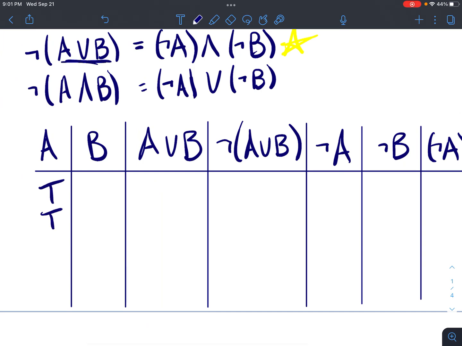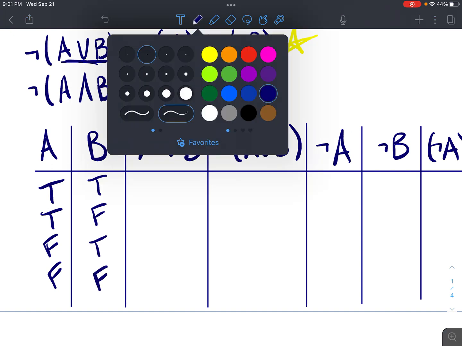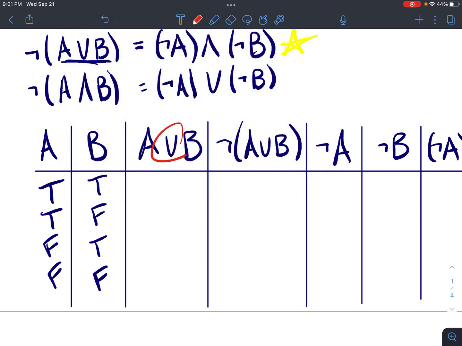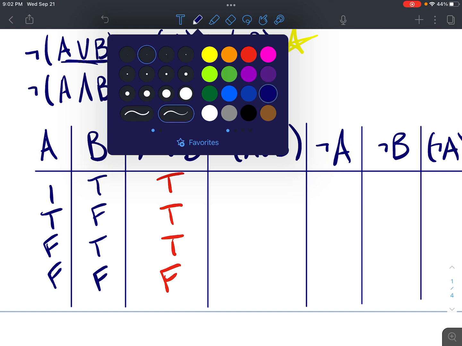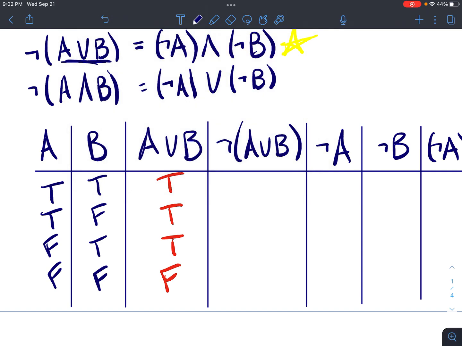Okay, so I'm filling out our truth table. Very simple to start. True, true, false, false, true, false, true, false. If we're dealing with or, we're looking for just one of the A or B to be true. So we have true, true, true, and true. Since we have false, false, that is going to be false. Remember, or, we just require one of them to be true.